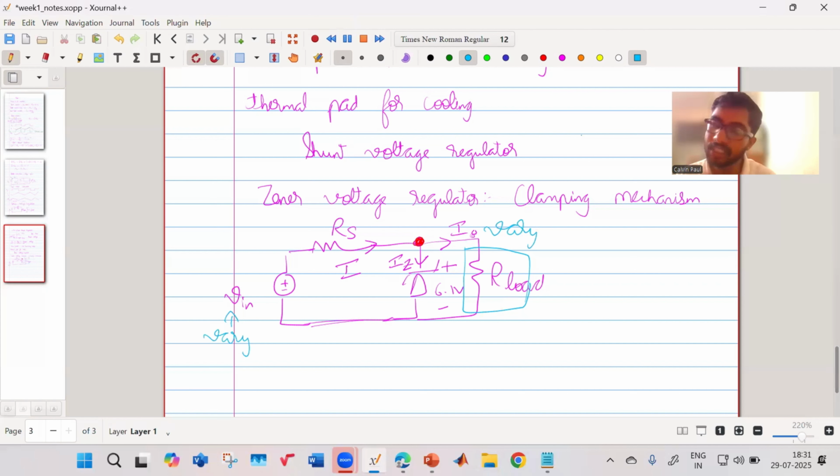In spite of all these situations, all these disturbances, all these non-idealities, you still want to maintain a regulated voltage. So that is why you use these voltage regulators. And nowadays, the equipments which are being manufactured are becoming more and more sensitive. Okay, so they have less tolerance for fluctuations in the supply voltage. So that's why we need better regulators.